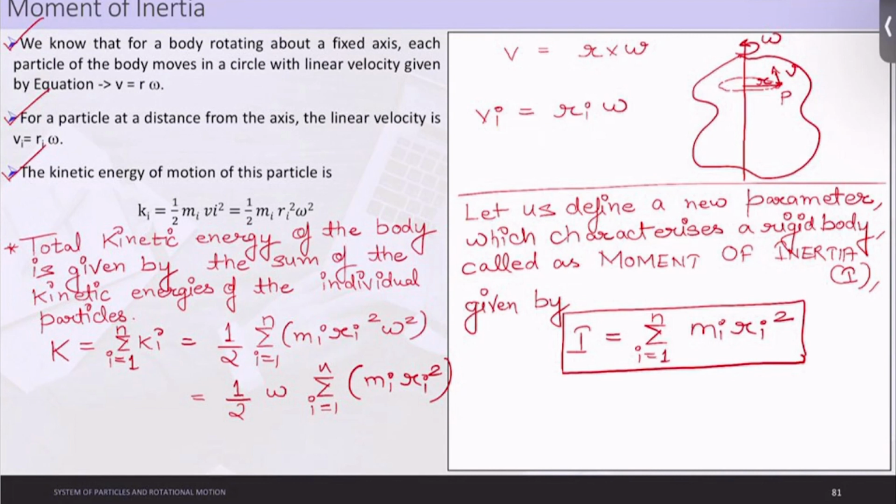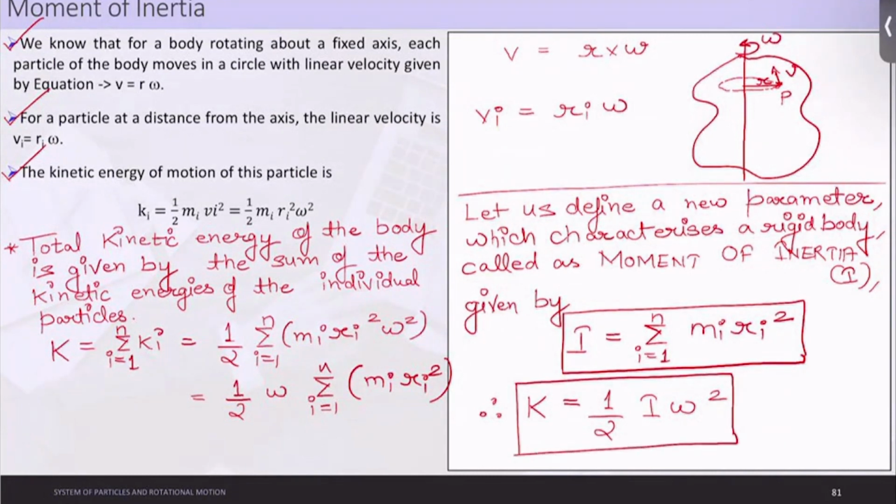Okay, fine. So using this concept, we can write that kinetic energy is equal to half I omega square. The kinetic energy of a rotating body is equal to half I omega square. Look at this equation very carefully. If you remember the equation for linear translational motion, it's half m v square.